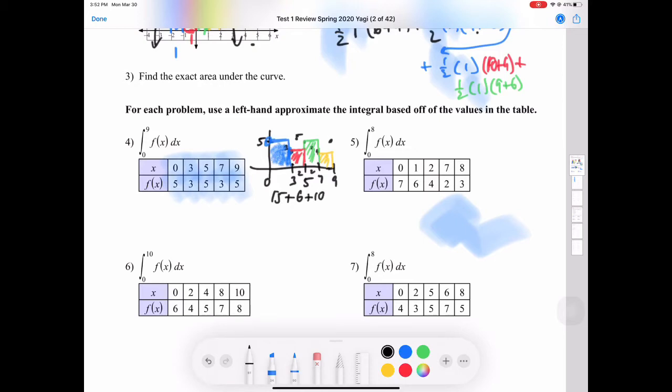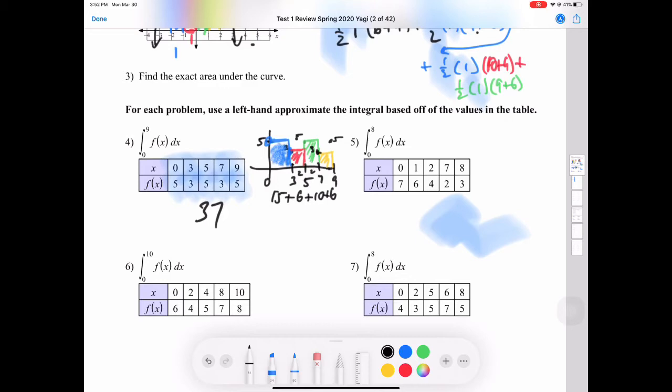And the last rectangle, do I choose 3 or 5? Well, we said left, so you have to choose 3. So that's 3 times 2 is 6. Adding them all up, we have 37.